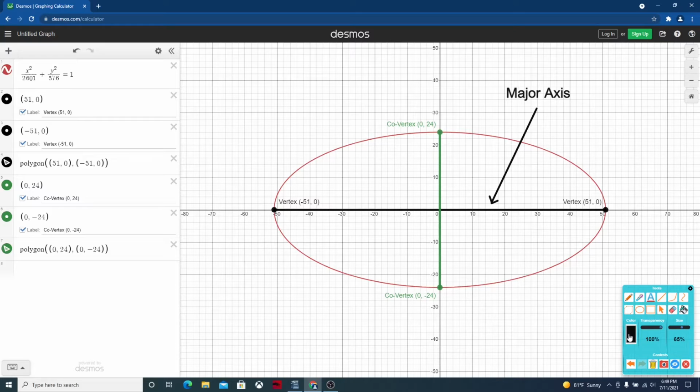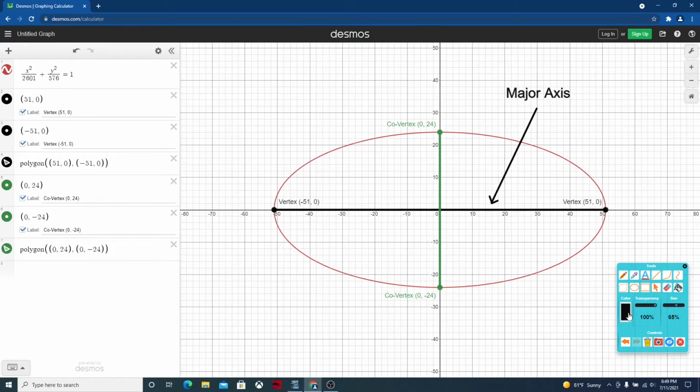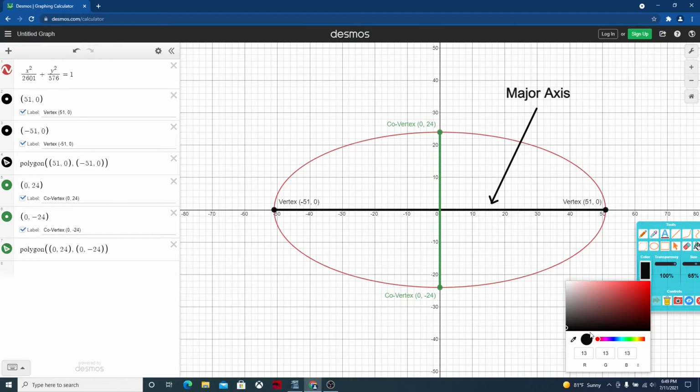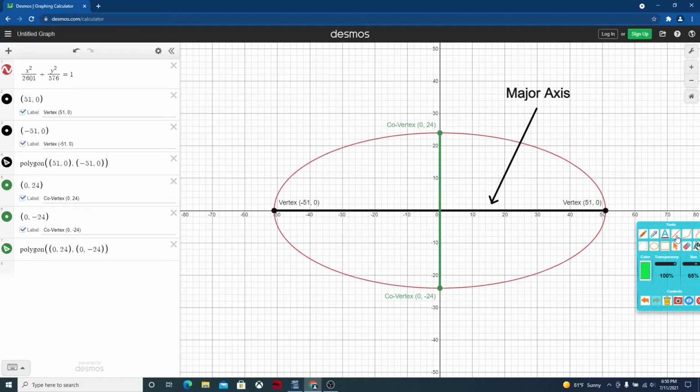So we're going to label that. And we're going to make it green, our label. So we'll put it up here. And we're going to draw a line, and excuse me, that one is too thick. There we go.